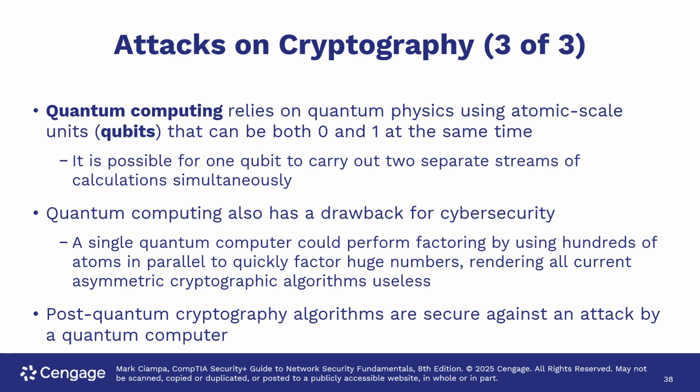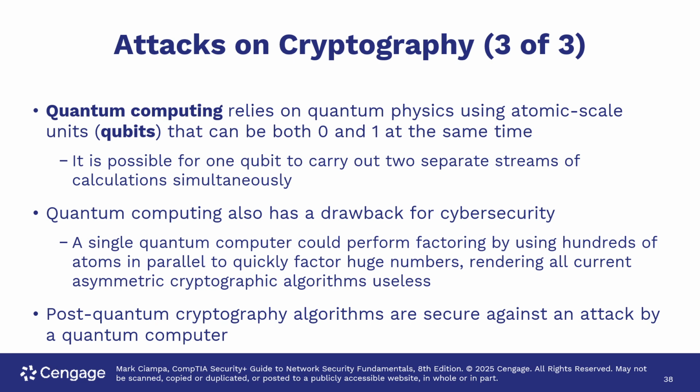When you're using quantum computing, it relies on quantum physics to use an atomic scale unit, or qubits, Q-U-B-I-T-S, that can be both 0 and 1 at the same time. It's possible for one qubit to carry out two separate streams of calculations simultaneously. Quantum computing also has a drawback for cybersecurity.